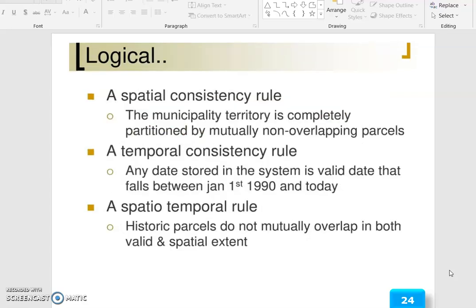A spatial consistency rule: the municipality territory is completely partitioned by mutually non-overlapping parcels. A temporal consistency rule: any date stored in the system is a valid date that falls between January 1st 1990 and today. A spatio-temporal rule: historic parcels do not mutually overlap in both valid time and spatial extent.